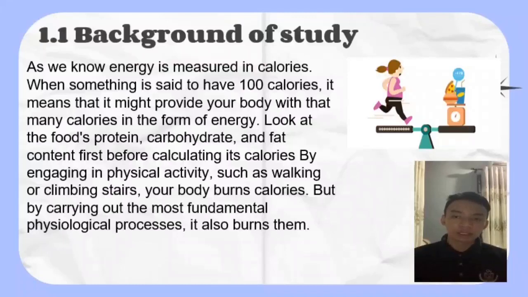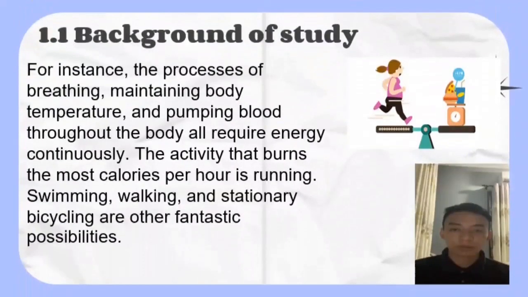By engaging in physical activity such as walking or climbing stairs, your body burns calories, but by carrying out the most fundamental physiological processes, it also burns them. For instance, the process of breathing, maintaining body temperature, and pumping blood throughout the body all require energy continuously.